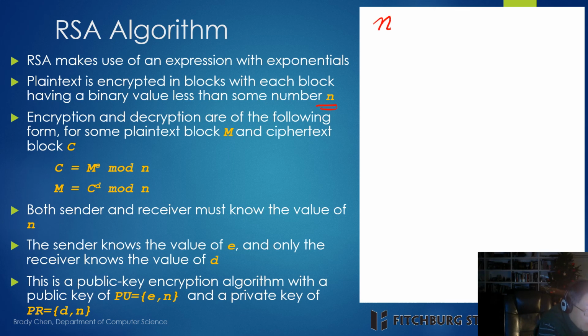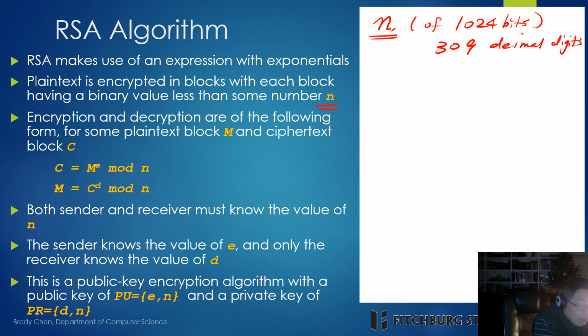Remember, in the previous slide, we just talked about how RSA should choose the value n, which is about 1024 bits for the binary number, or equivalently about 309 decimal digits.